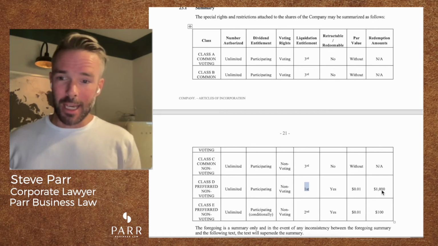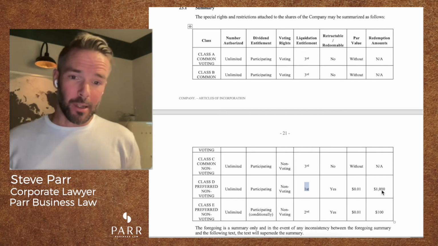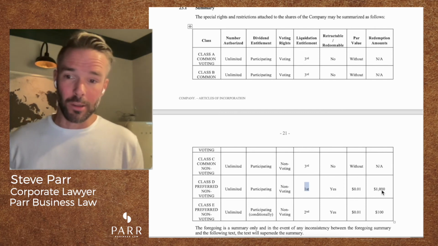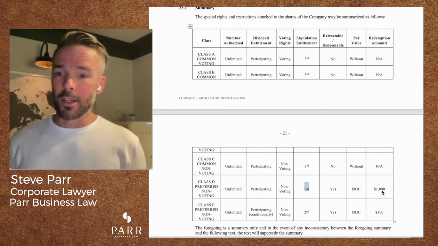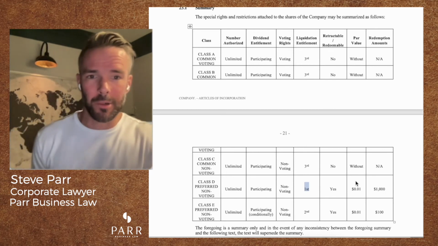So they can say, here's 10K, give me those 10 shares. Retraction is the opposite. So retraction is when a shareholder can compel the company to repurchase the shares from the shareholder. That's not often done. It's generally just a redemption right.